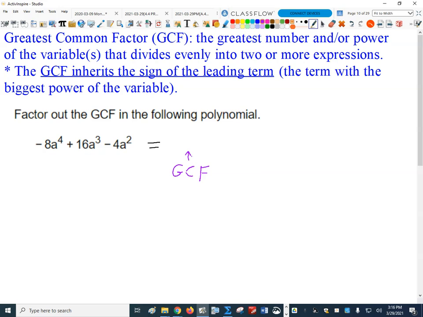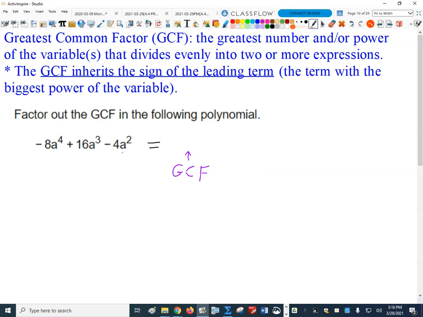It's either going to be probably 4 or 2, isn't it? I can't take an a to the 4th away because that one's only got 2 to give. Think what an a squared is. That's just an a times an a, right? What's an a to the 4th? That's a times a times a times a. Well, this one's only got a string of 2 a's, so it can't give away an a to the 4th.